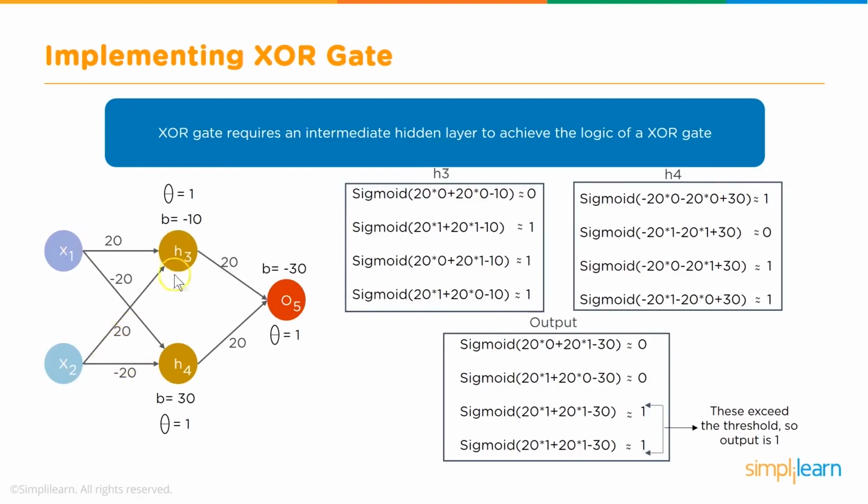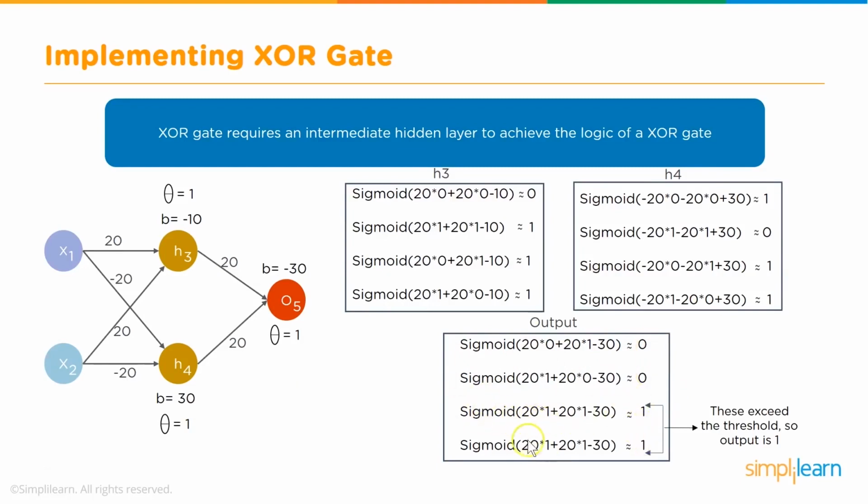Then these inputs are fed into H3 and H4. So we see here for H3 the inputs are 0, 1, 1, 1, and for H4 they are 1, 0, 1, 1. Then if we look at the final output, where the threshold is 1, if you use a sigmoid with a threshold of 1, we see here that in the first two cases it is 0, and in the last two cases it is 1.